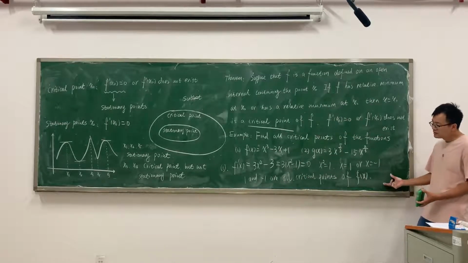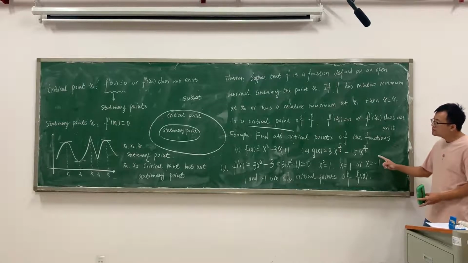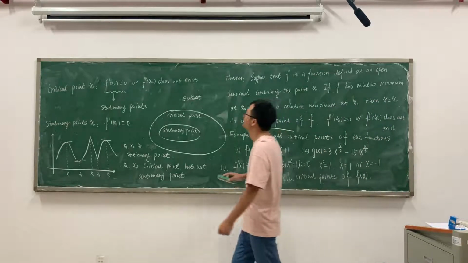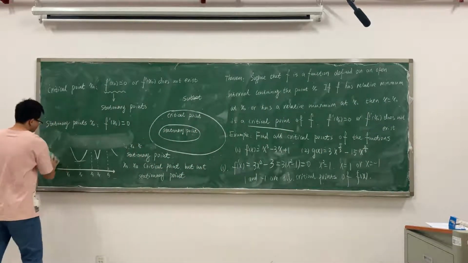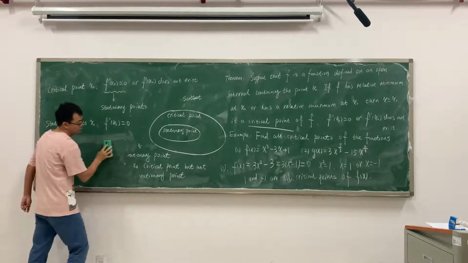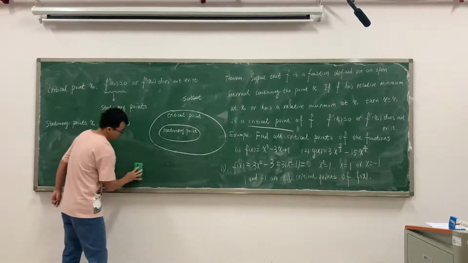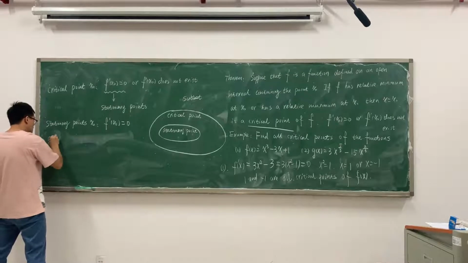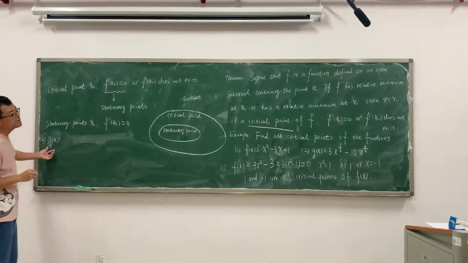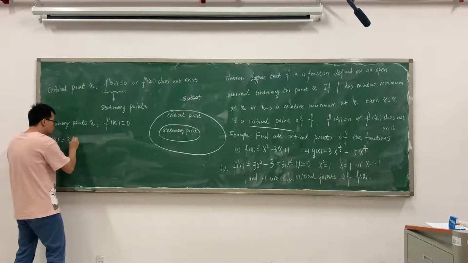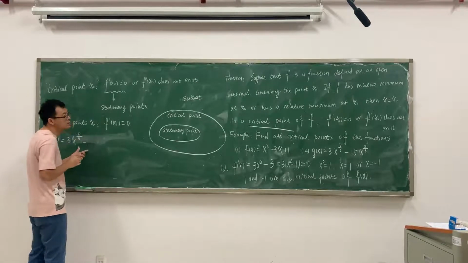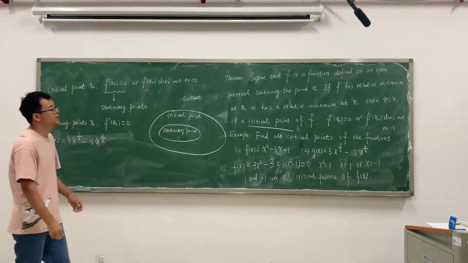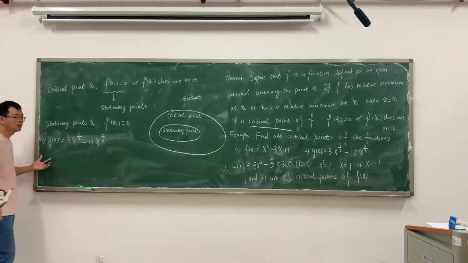Now for the second, for g(x), equal to 3x to the power 5/3 minus 15x to the power 2/3.